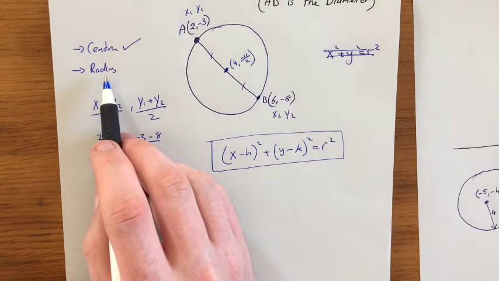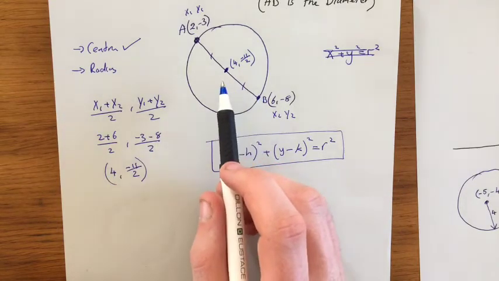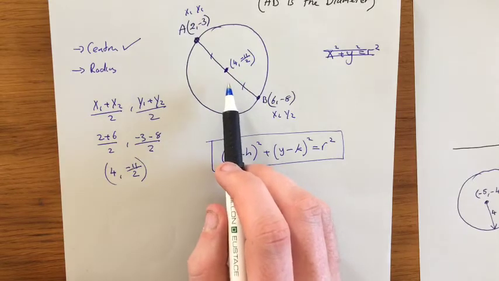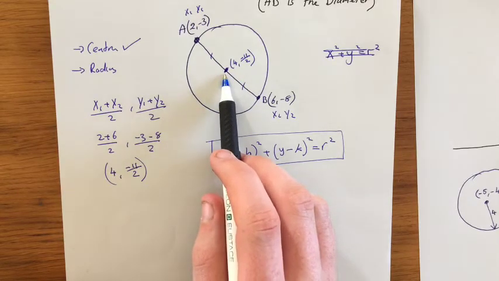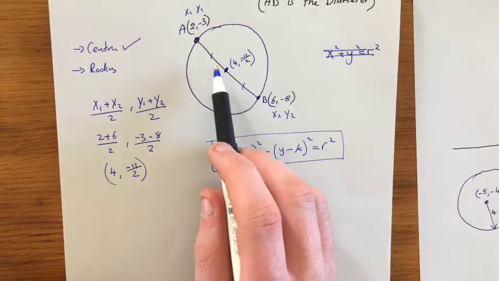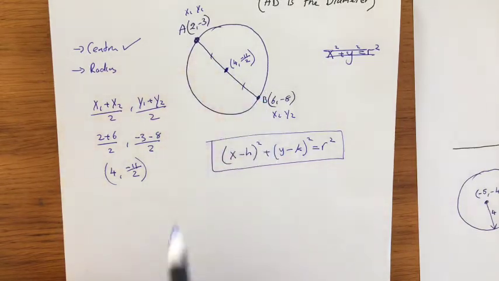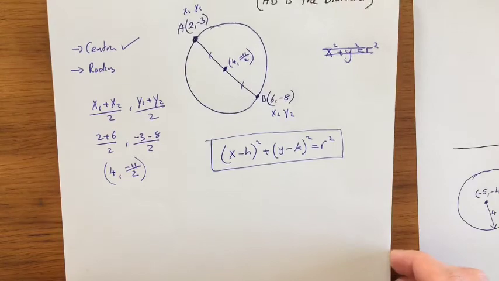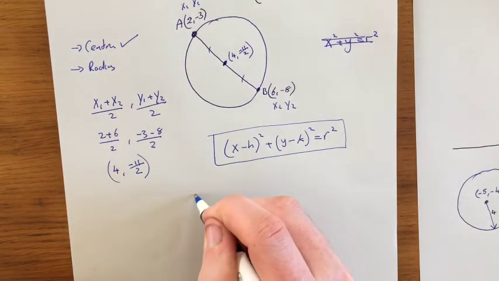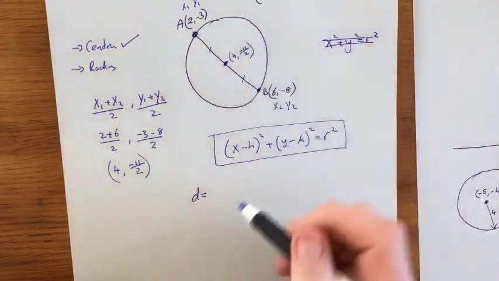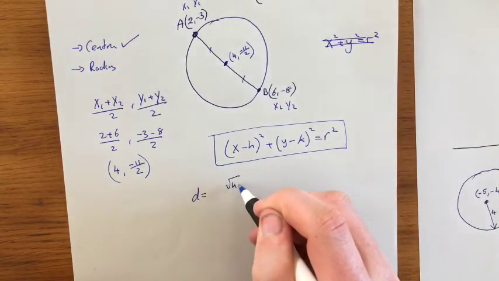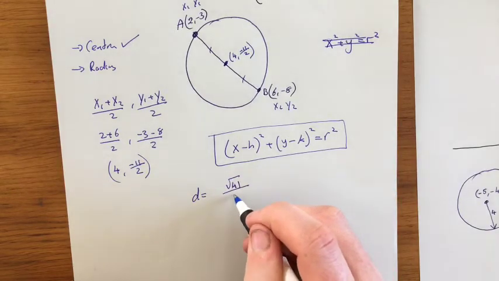Okay, so we have the center, and the next thing that we would have to do is find the radius. Now I'm going to skip this because I'm hoping that it's quite easy. To find the radius, you would need to find the distance between the center point, which is here, and this point, or the center point here and that point. So you're just using the distance formula again. And if you do use the distance formula, you get that the distance between any of them here turns out to be the square root of 41 all over 2.